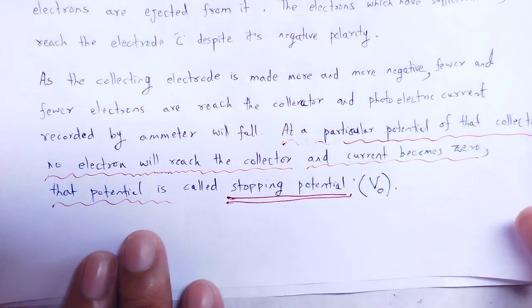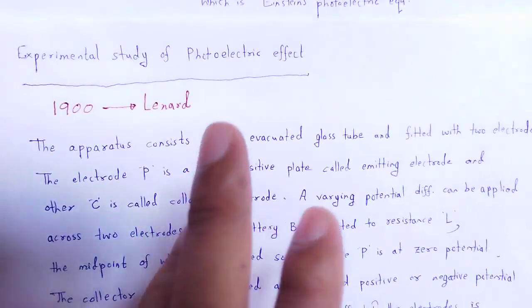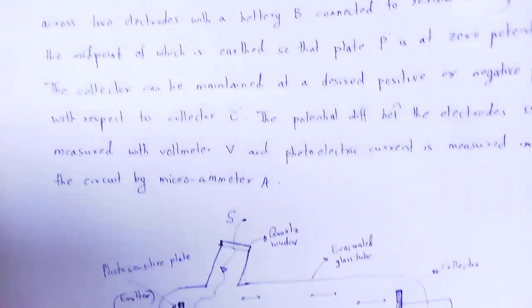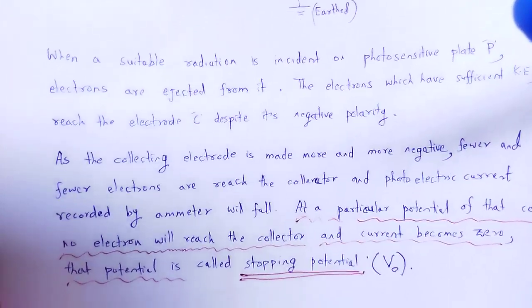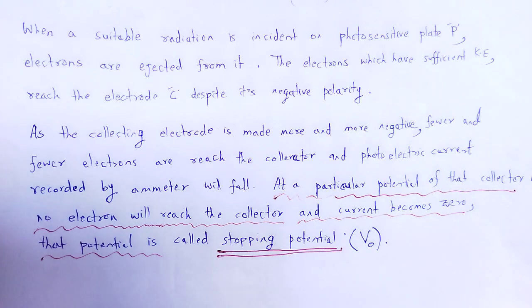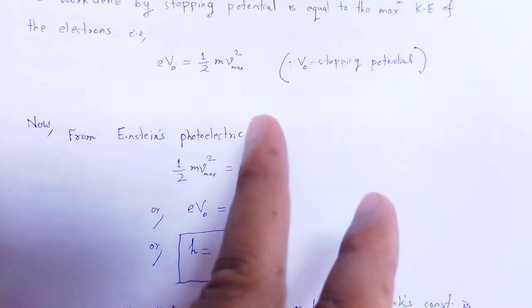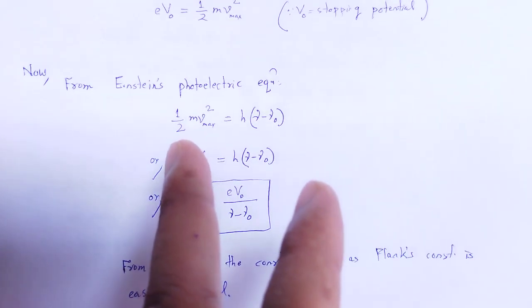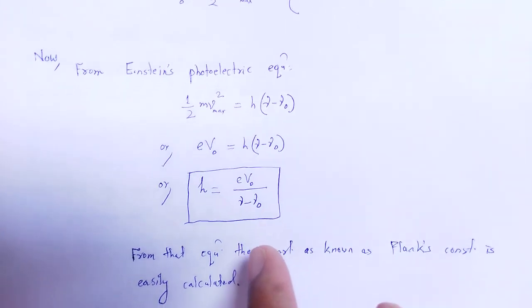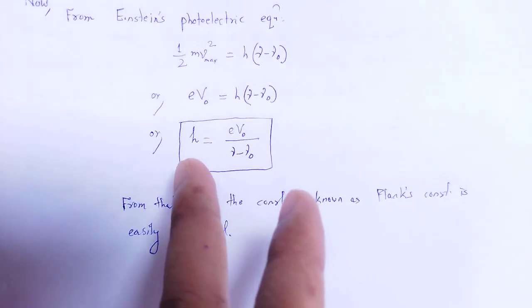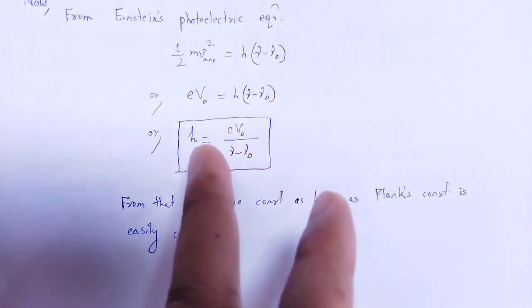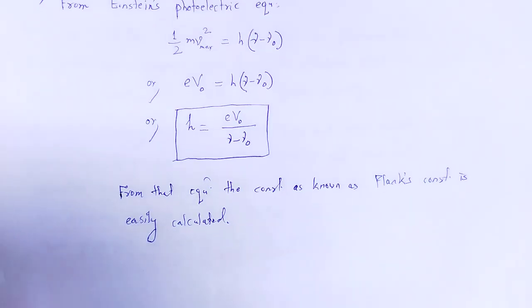That is the experimental proof of the photoelectric effect. We dealt with the stopping potential and the work done by it using Einstein's photoelectric equation, and we noticed how Planck's constant is evaluated from that particular expression.